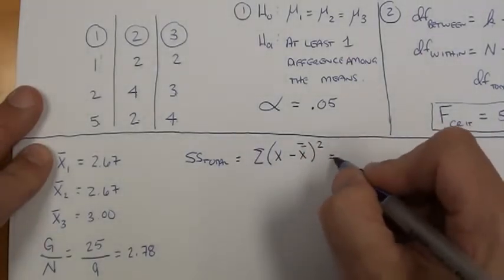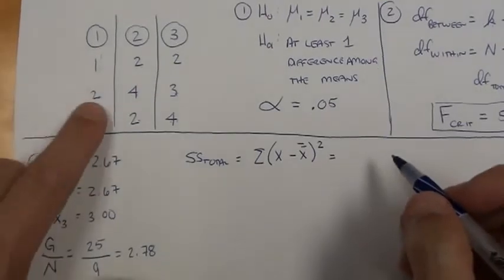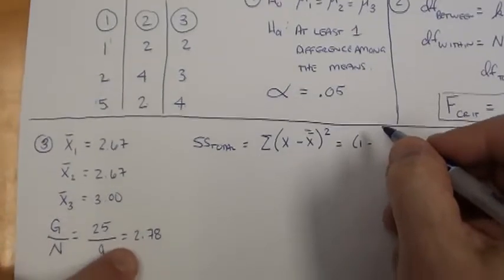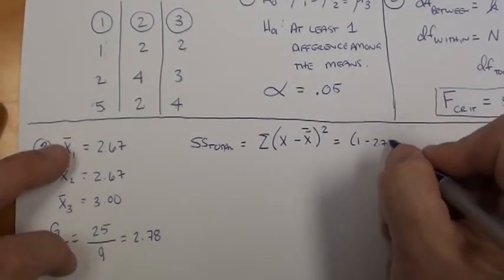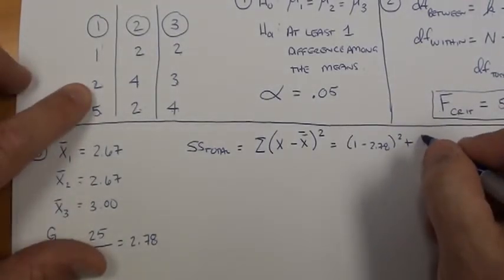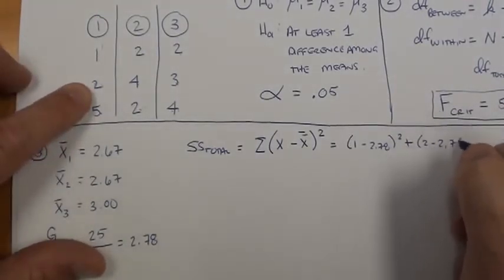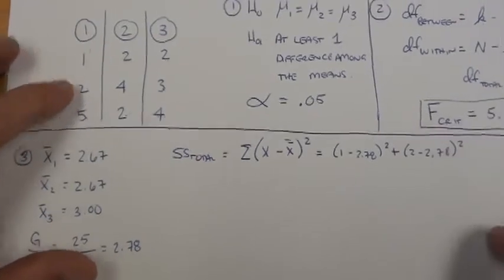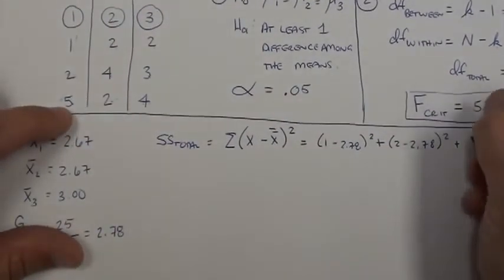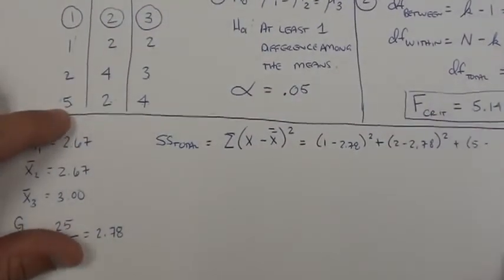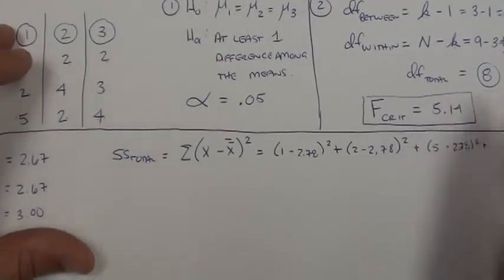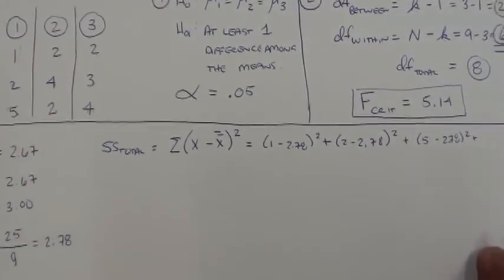And so how this will work is we're going to take 1 minus the grand mean of 2.78, square it, and then add 2 minus 2.78, square it, plus 5 minus the grand mean 2.78, square it. And we're going to do this for all of the conditions.